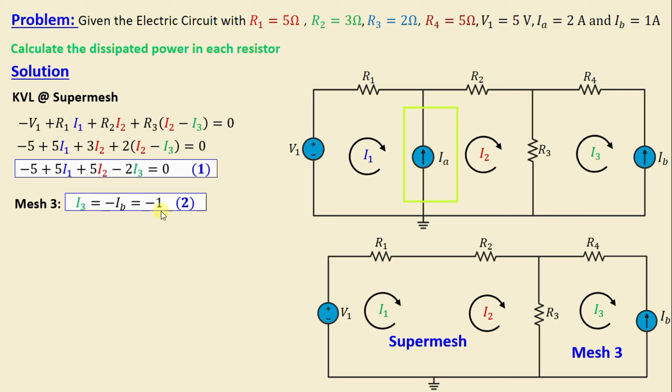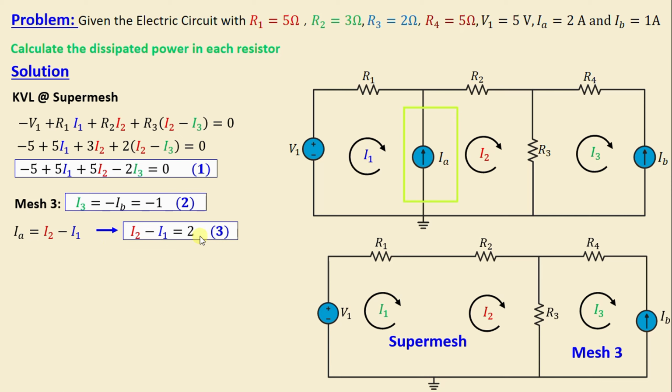In order to get this equation, let's focus on the current source IA. We can write IA is equal to I2 minus I1. That means I2 minus I1 is equal to 2.